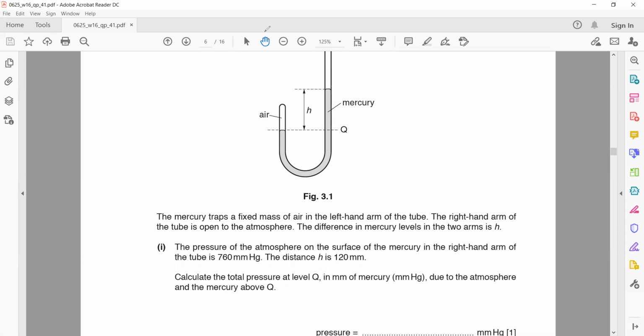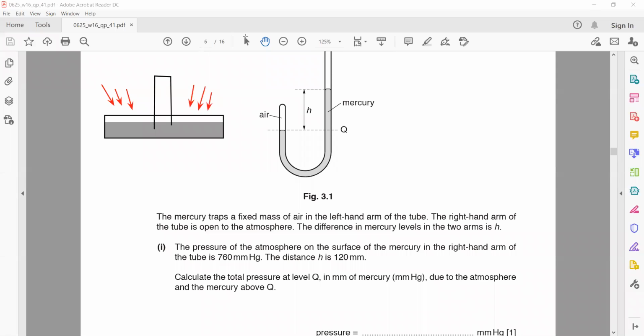What is the meaning of millimeter of mercury? It is in terms of a barometer, which is used to find atmospheric pressure. In a barometer, we have a container which is filled with mercury, and due to the pressure from the surroundings, that forces the mercury to rise in the tube.